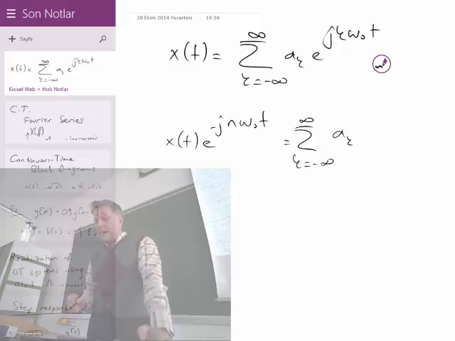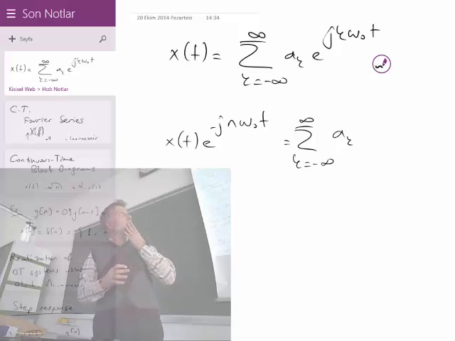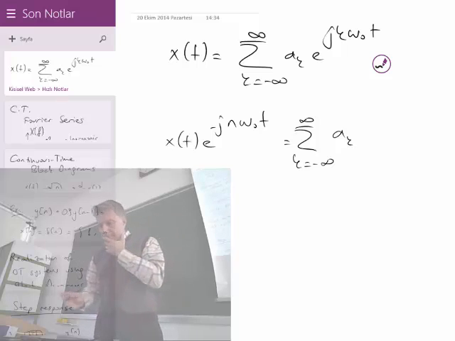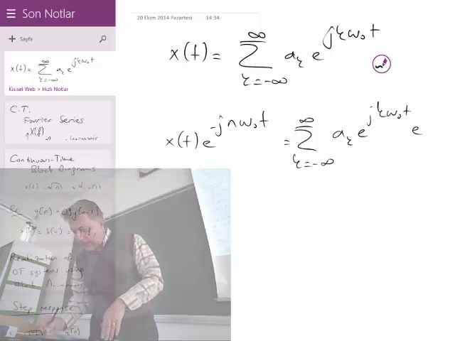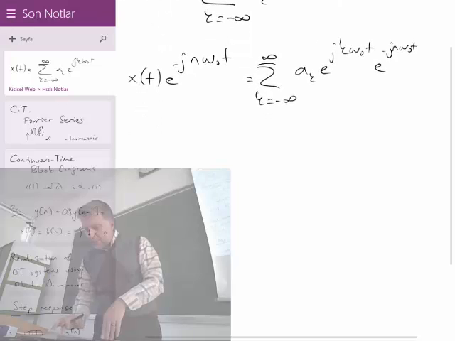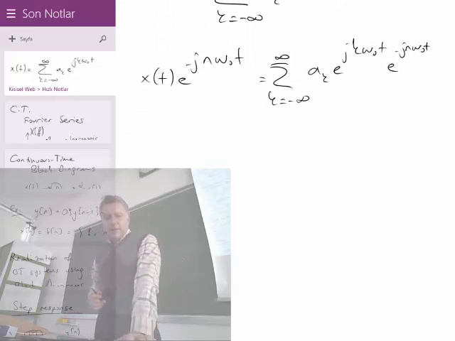I'm trying to make a methodology to extract one of the terms in the inner product by inner multiplication with the other component. Like this. Okay, let's write this multiplication, e to the minus j n omega 0 t. Okay. So both sides of the equations are multiplied.